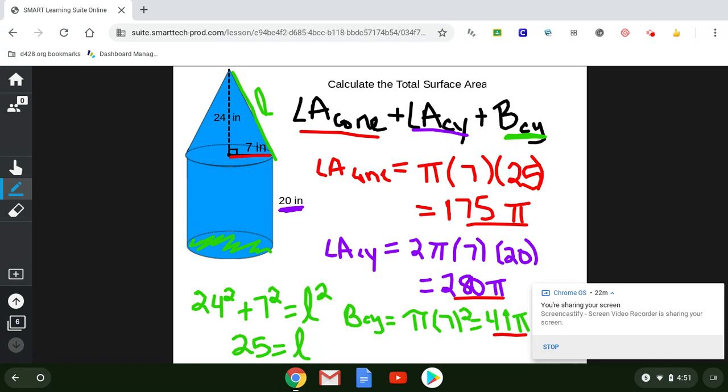So my answer for total surface area is 504 pi inches squared. This one's a lot easier because there's no overlap here. They're both the same circle, so I don't need to do any subtracting. And that's how you find the total surface area of cones and pyramids.